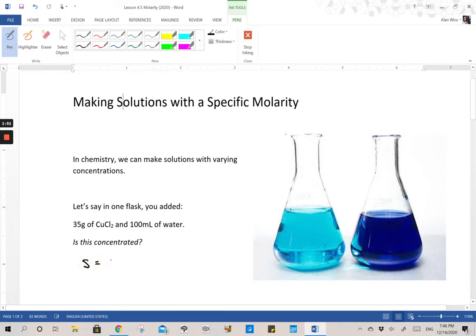So if we take 35 grams divided by 100 milliliters of water, that will give you 0.35 grams per milliliter. But is this concentrated? Is this a lot of solute in solvent?